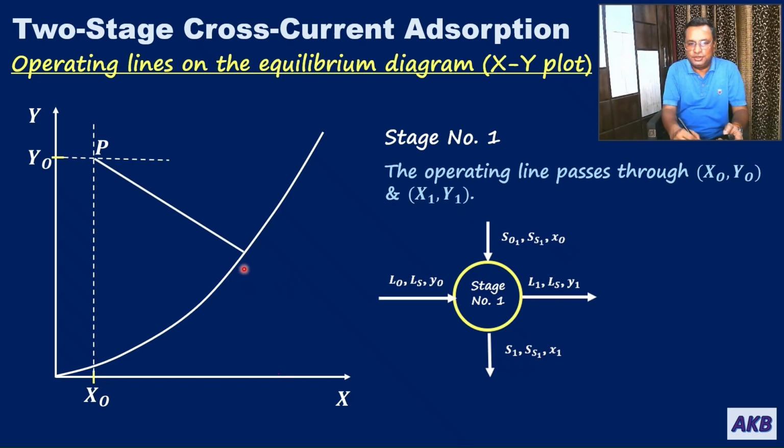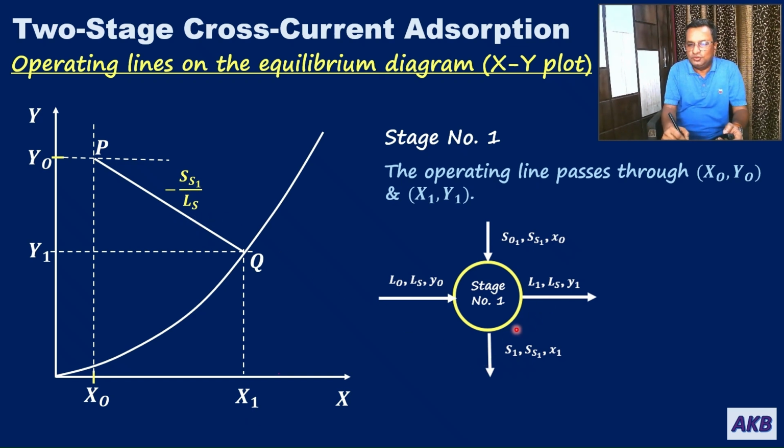So you are going to get the operating line, and the operating line is going to end on the equilibrium curve. I'm going to denote that point as point Q. The y coordinate of point Q is Y1 and the x coordinate of point Q is X1. And the slope of this line is minus Ss1 upon Ls.